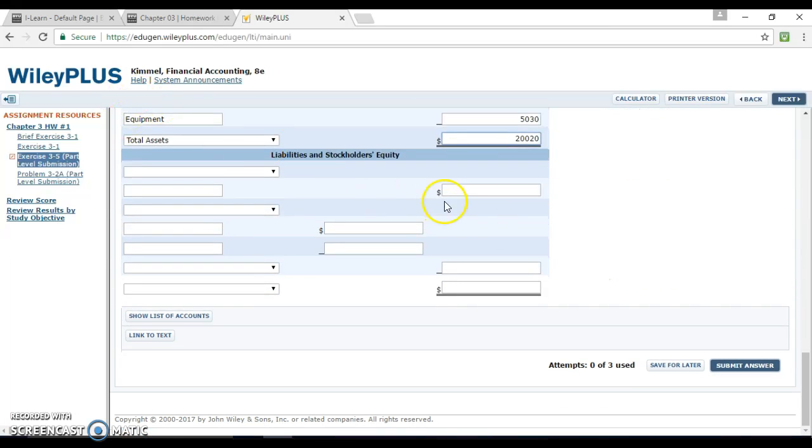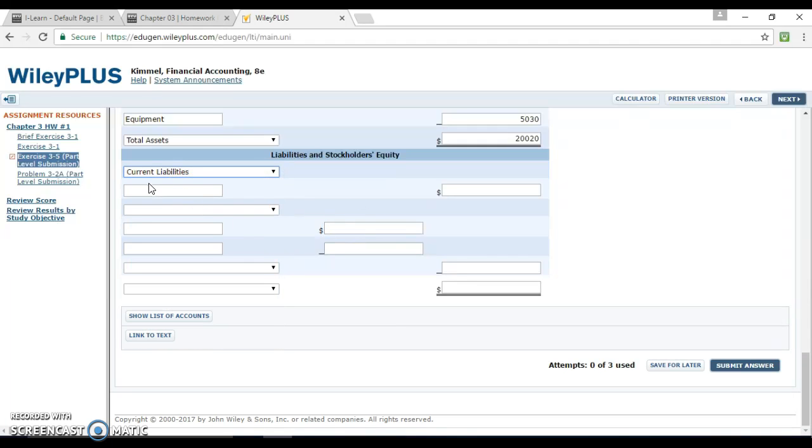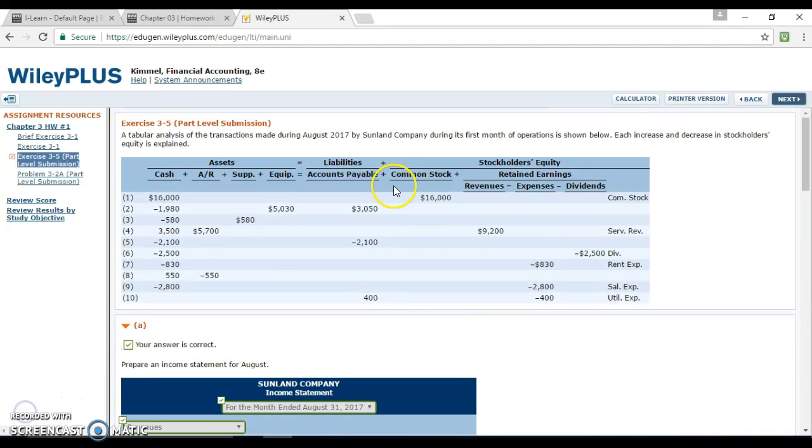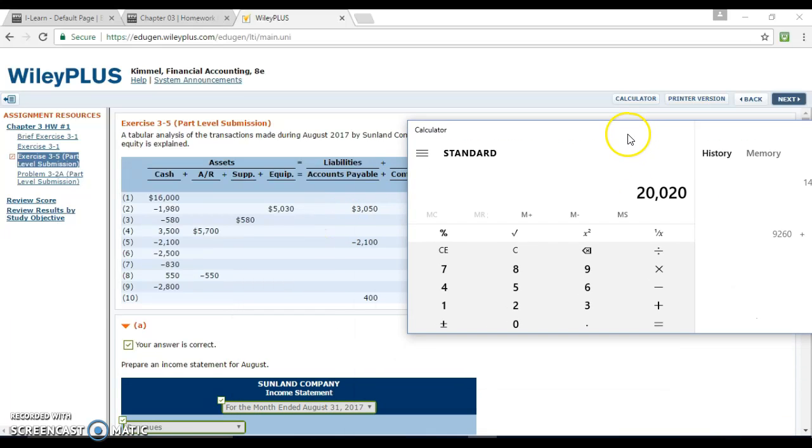Okay. So next we need to do liabilities. So we've got current liabilities. And when we look at the current liabilities, the only thing that we have as far as liabilities is accounts payable. So when we add up the transactions throughout the month for accounts payable, we've got $3,050 minus $2,100 plus $400.